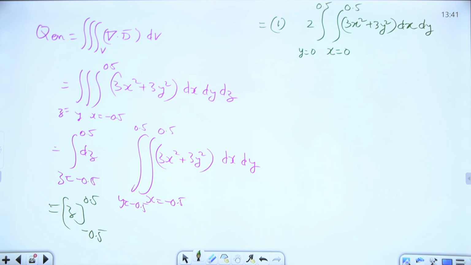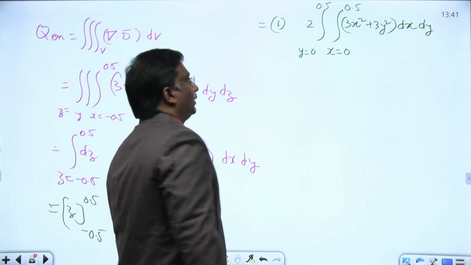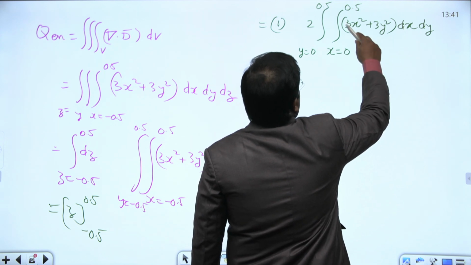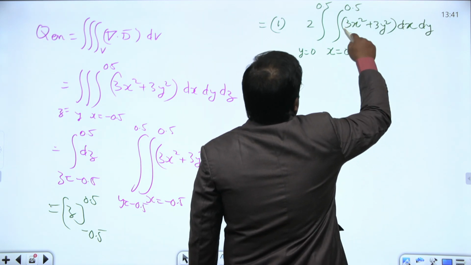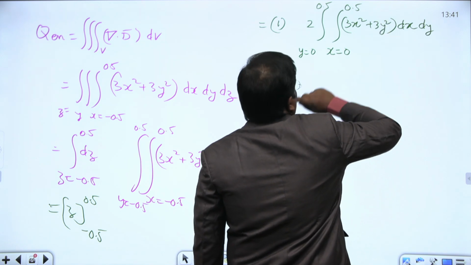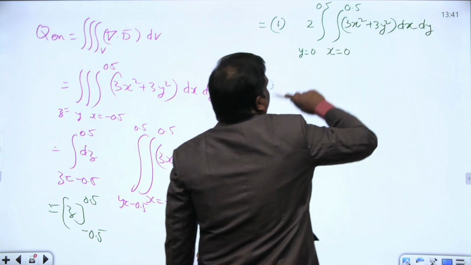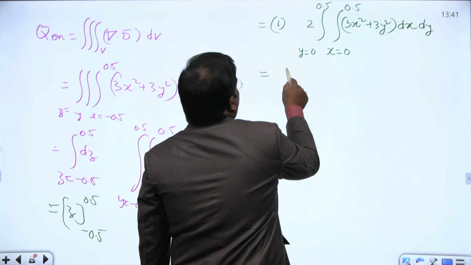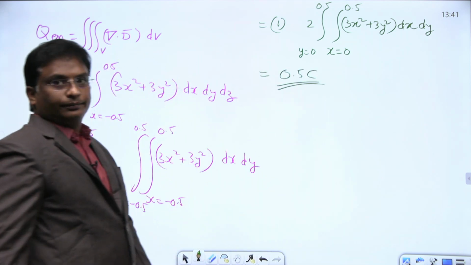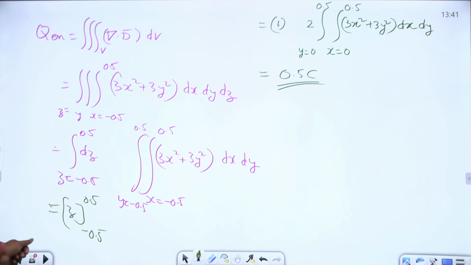First integrate with respect to x: 3x cube by 3, then 3y square into x, then integrate with respect to y. Substitute those values and you will get 0.5 coulombs. Okay, let's move on to the next question.